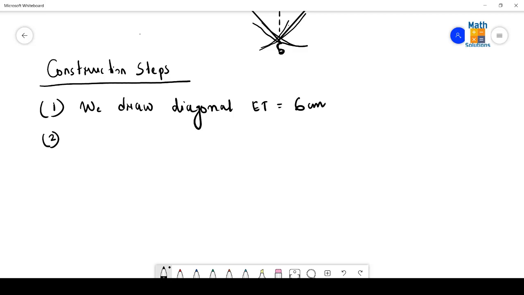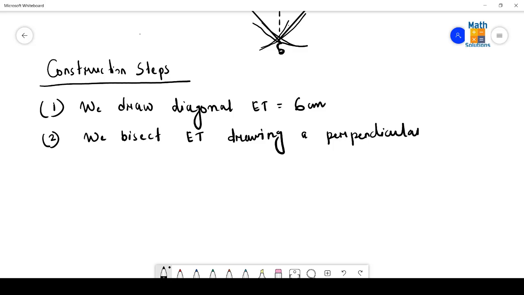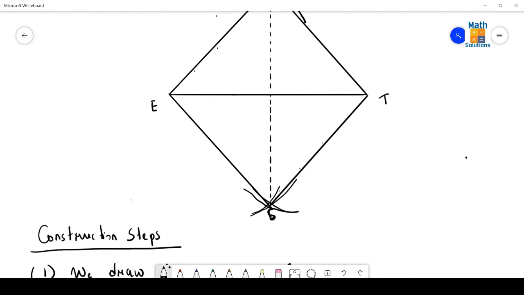Then next one is we bisect ET, drawing a perpendicular bisector at capital M. Let us denote this as M. This is the midpoint here.